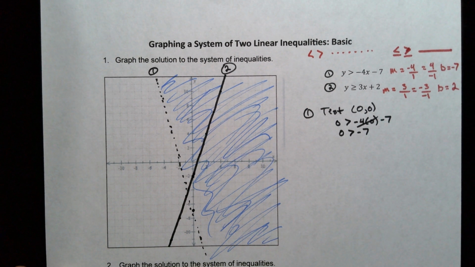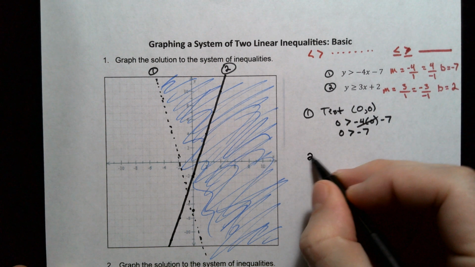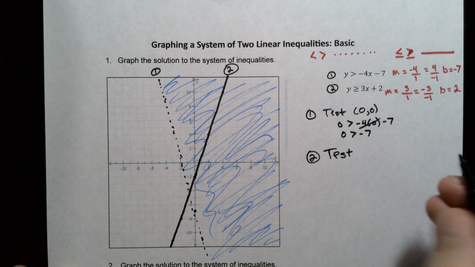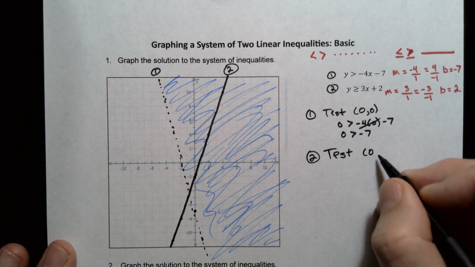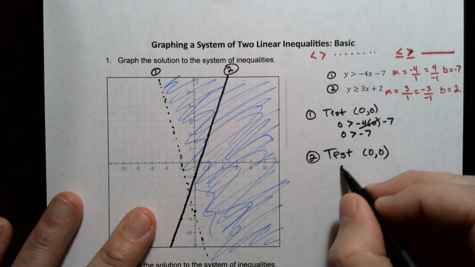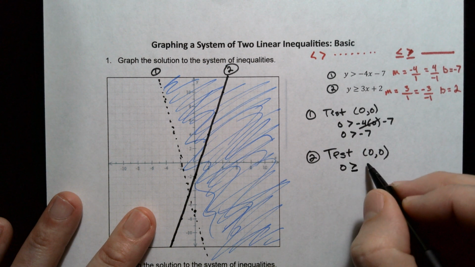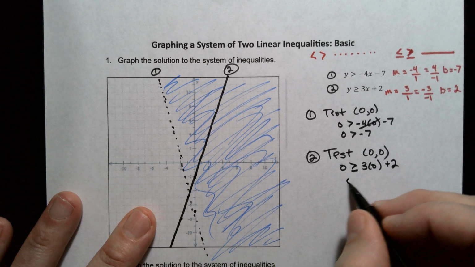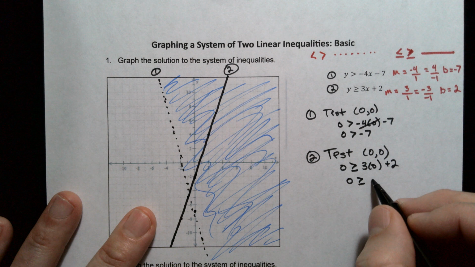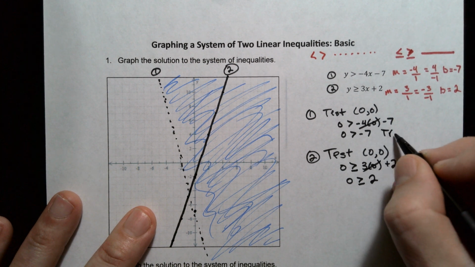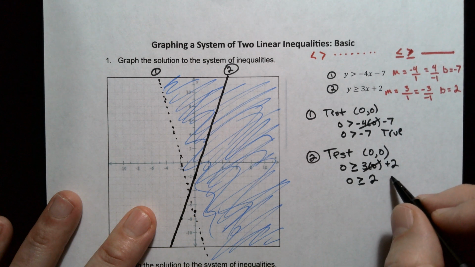Okay, now let's look at line number 2. I'm going to test 0, 0 again, but I'm going to do it in number 2 now. So 0 instead of y is greater than or equal to 3 times 0 instead of x plus 2. So 0 is greater than or equal to, this goes away, 2. Is that true or false? This one up here was true, but this one down here is false. 0 is not greater than 2.